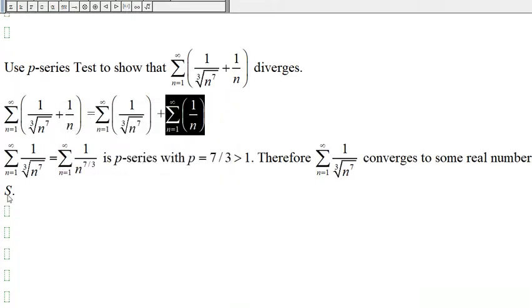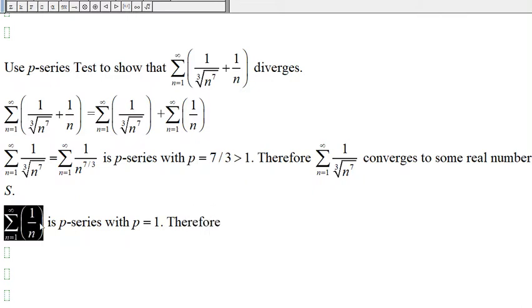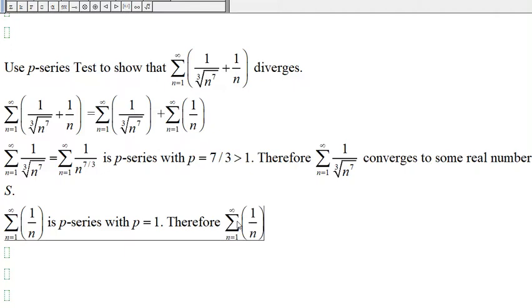Now, with this series right here, it's also a P series with P equal to 1. And we also know that it's the harmonic series. And this series diverges to infinity.